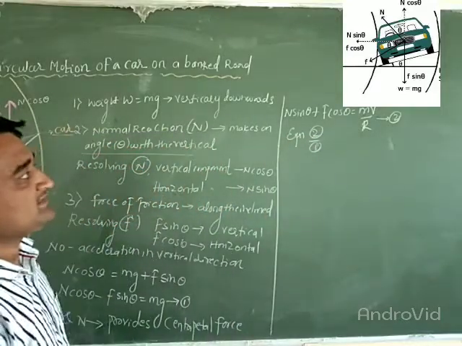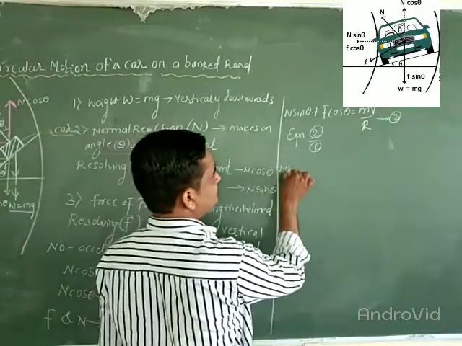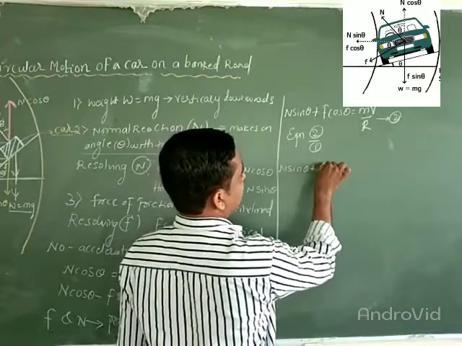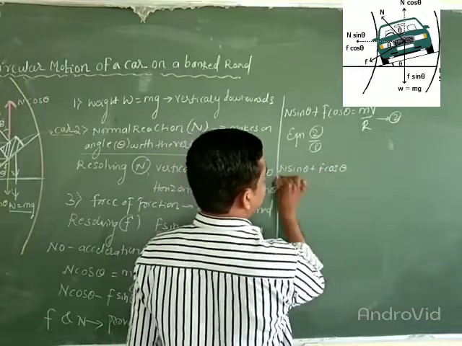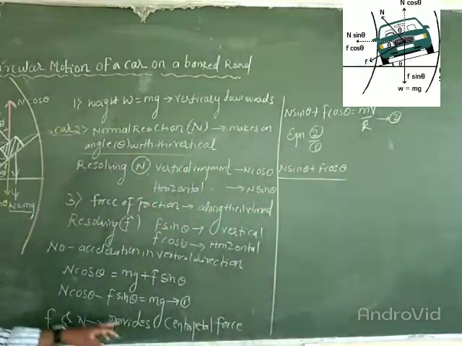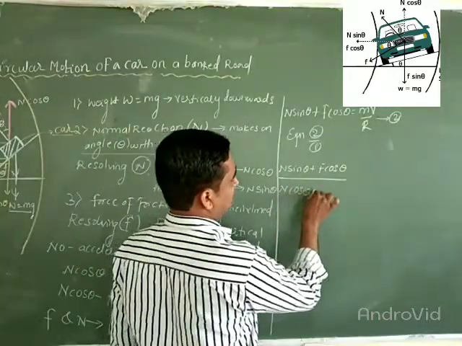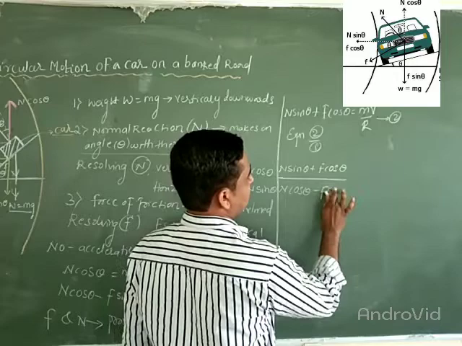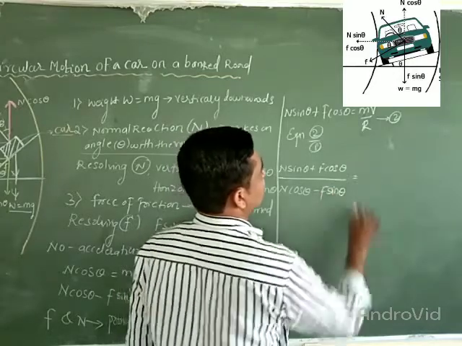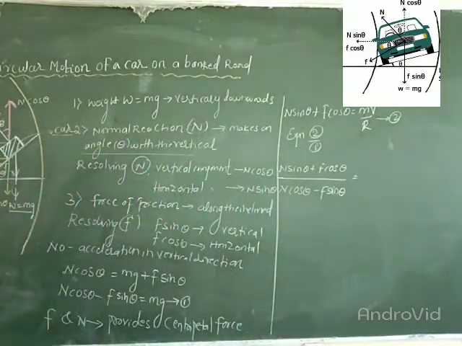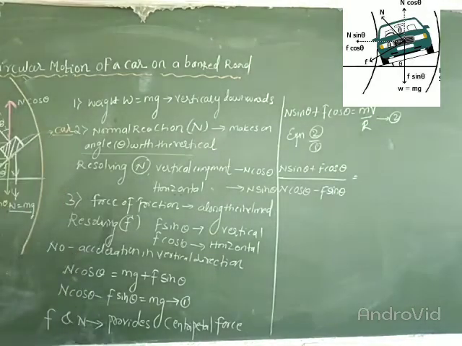That means N sin theta plus F cos theta divided by, from equation 1, N cos theta minus F sin theta, is equal to mv square divided by r, mg. Right?